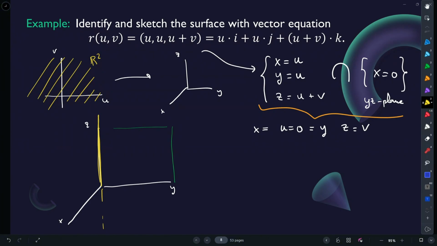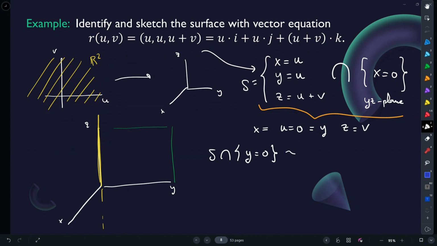So what happens if I intersect now my surface? Let's call the surface S. So this was the work with S intersect the x equals 0 plane. What happens if I intersect with y equals 0?